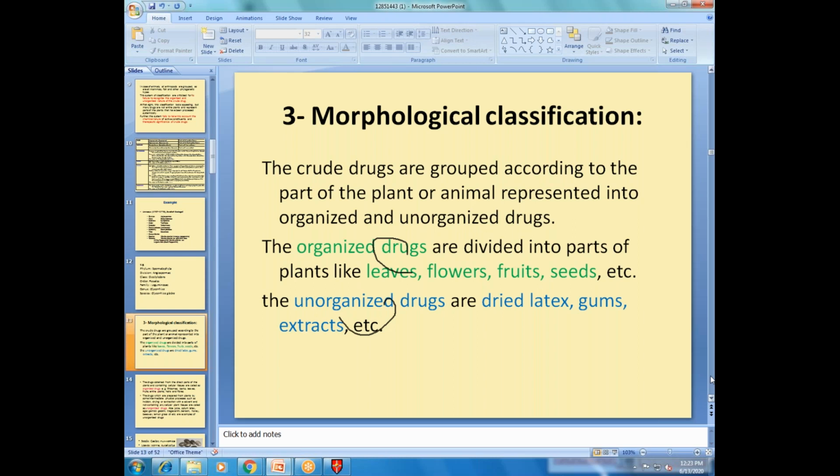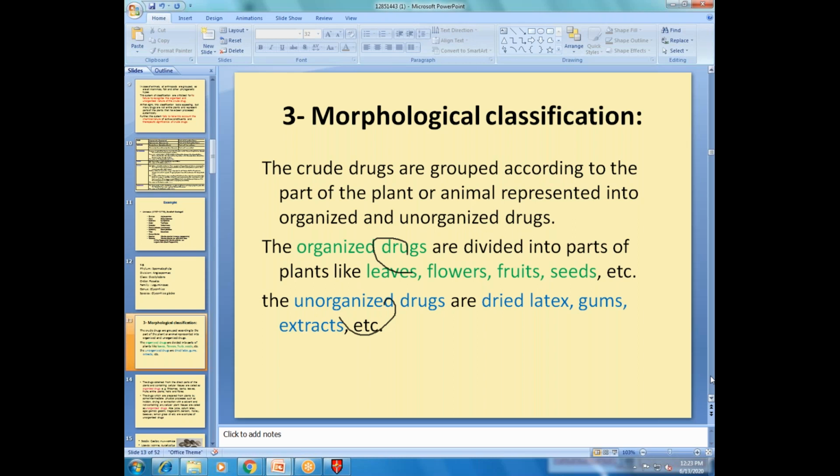We are not bothered about the tree or the bark or the roots and rhizomes. When you take ginger, it is a rhizome. So it is classified based on the part of a plant used, either a seed or root or rhizome or leaves. Here it is categorized into two, that is organized and unorganized drugs.